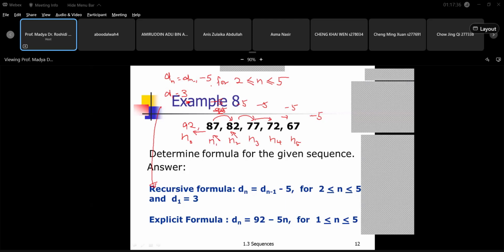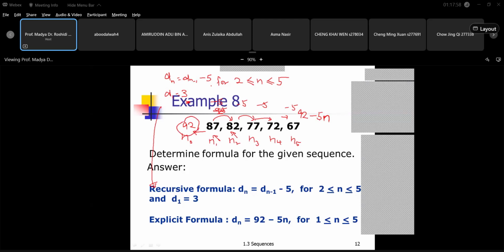Because here negative 5 is based on the location, for example here f1, we put negative 5 and 92, this value. How does it come?